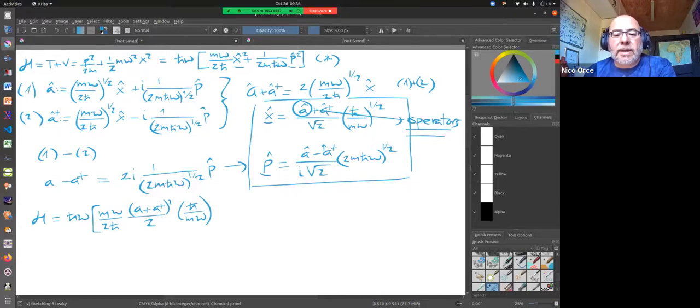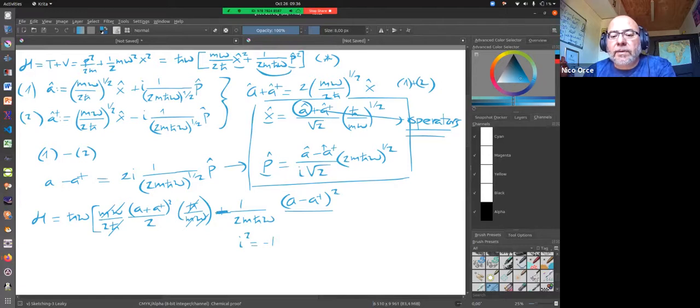Now, as you can see, we are simplifying things very much, because these all cancel each other, and this becomes a 4. And then we say plus 1 over 2M h bar omega times P squared, which is A minus A dagger squared. i squared is minus 1, as you know, so this positive will become a negative.